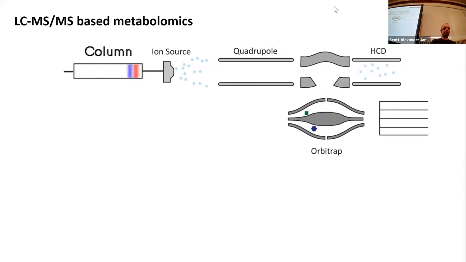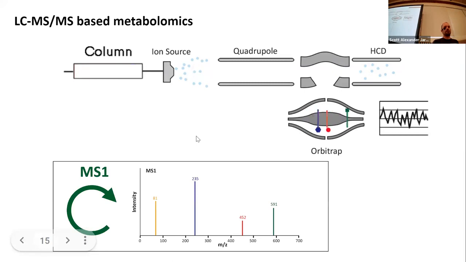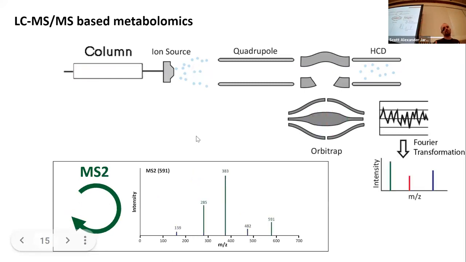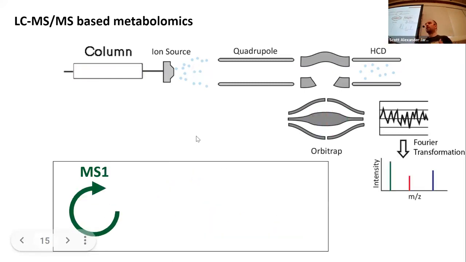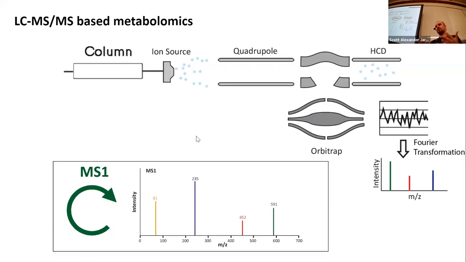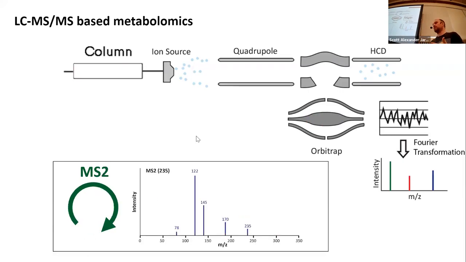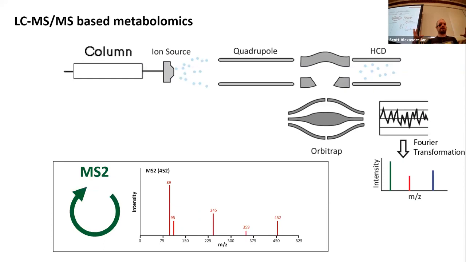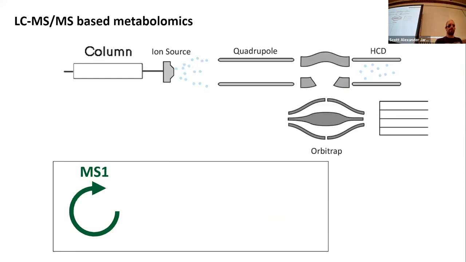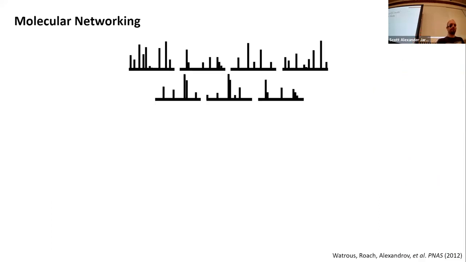We also have the MS1 events next to it, in this data dependent duty cycle. And yesterday, with MZmine, you mainly constructed extracted ion chromatograms out of this MS1 data.